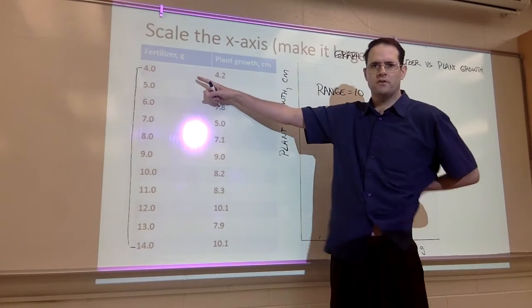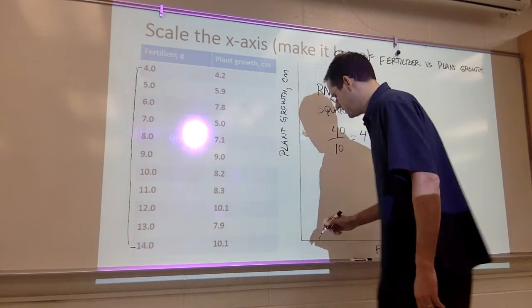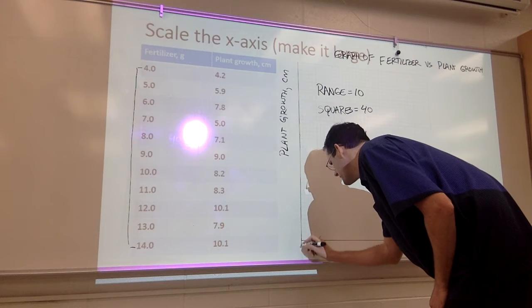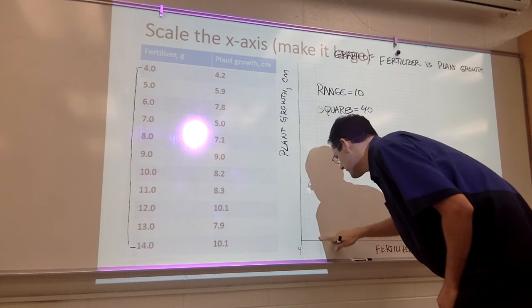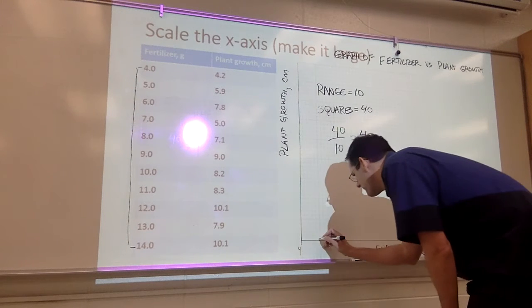Now, we don't want to start with 0 because our graph does not begin with 0. We begin with 4 here. So I'm going to put 4 right here. And then every 4 squares, I'm going to increase by 1.